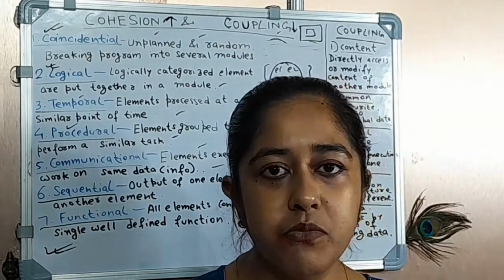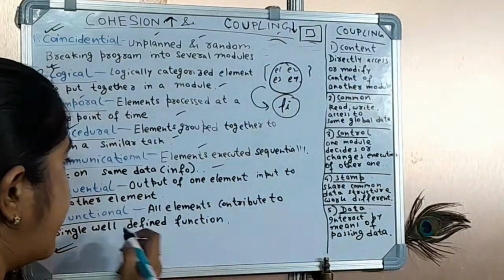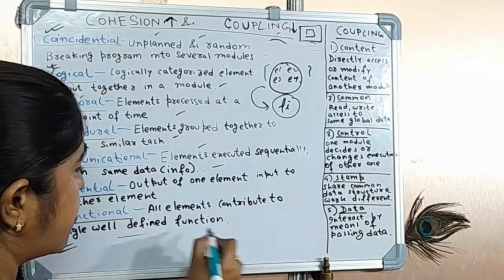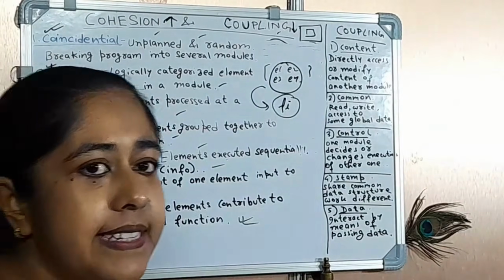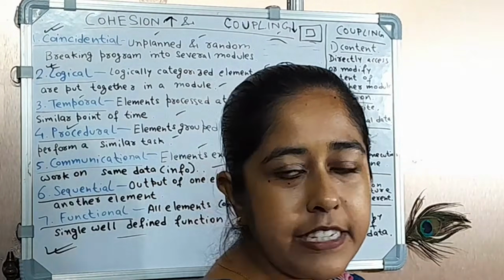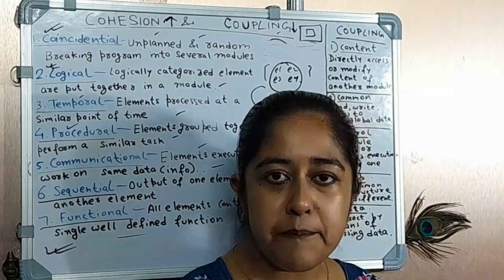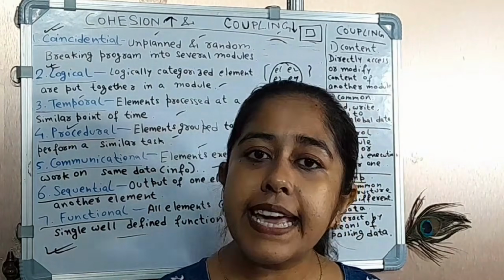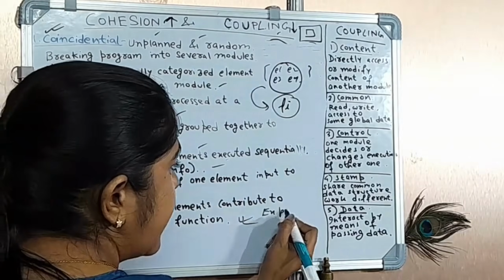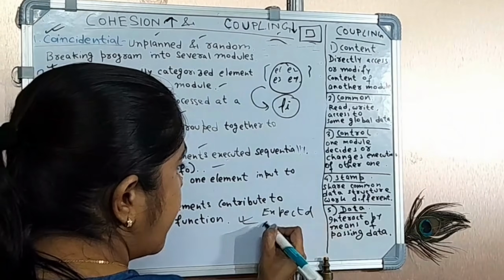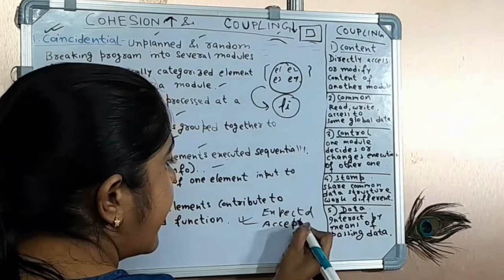Also here that is going on: all are contributing to a single well-defined function. When we talk about a function, obviously it is structured and well planned, not unplanned. Obviously this is expected as well as accepted.